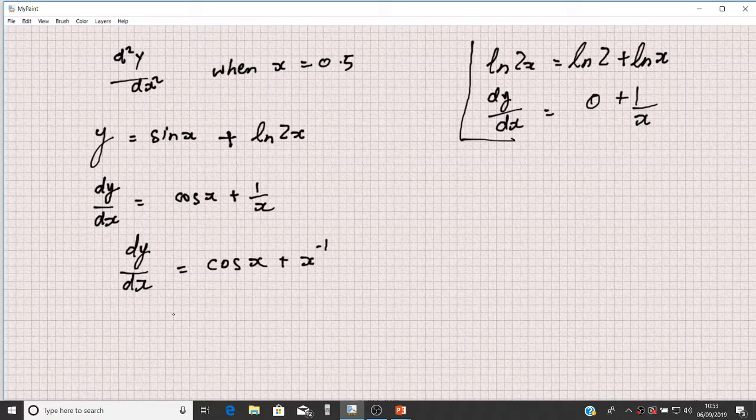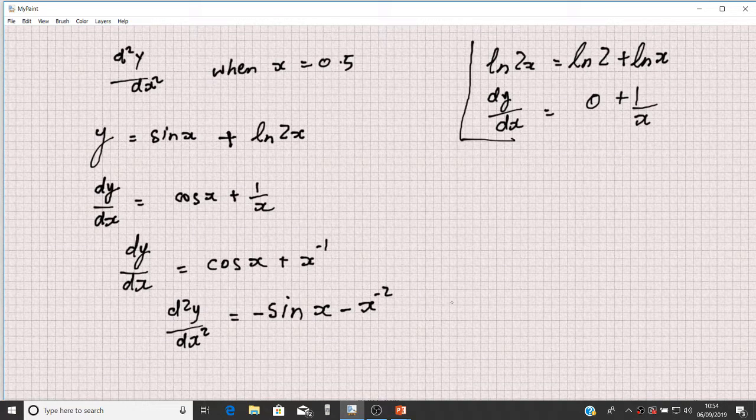So the second derivative, d2y/dx squared, equals, cosine x goes to minus sine x, and the first derivative of x to the minus 1 is minus x to the minus 2.